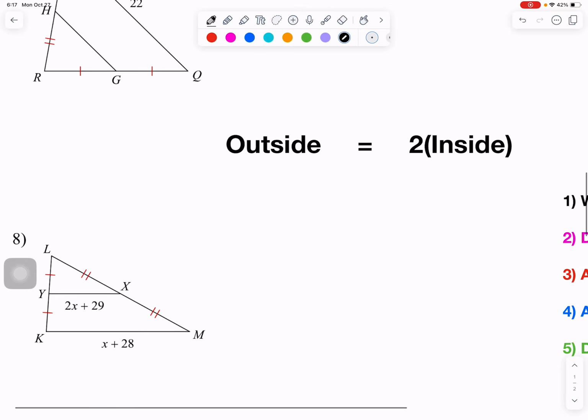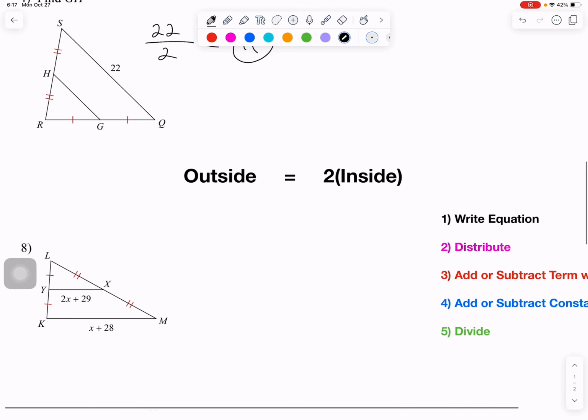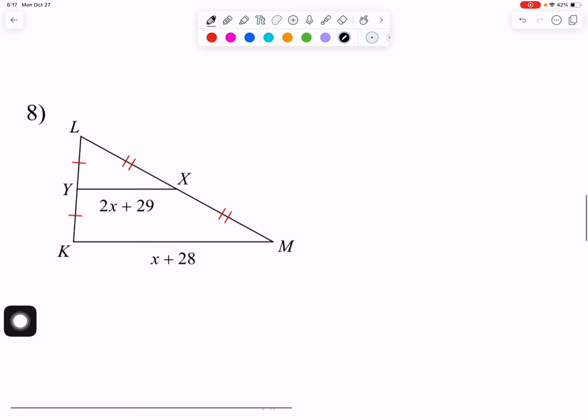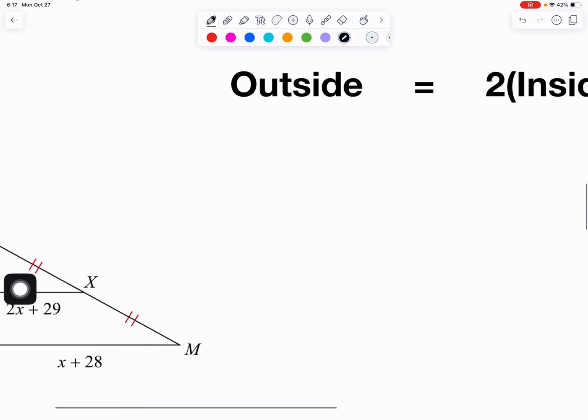Now moving forward, what do we do? That's why I'm here. I will develop for you and create our little lesson with our sequence to solve, always in the same color when it comes to solving these algebraic equations within geometry. Our outside or our base is represented by x plus 28.